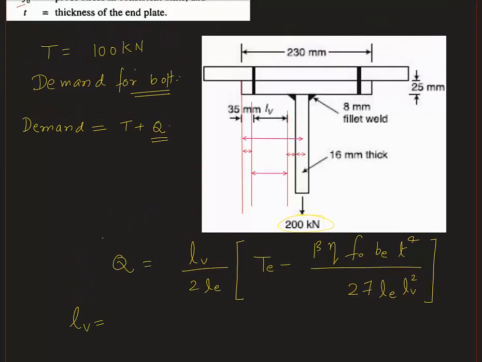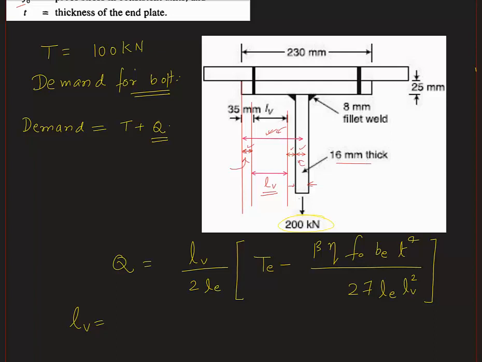So basically L_v is this distance. So this L_v is equal to this distance minus this distance minus this distance and minus this distance. And this distance is nothing but 230 divided by 2. So this distance, if you see, is 230 divided by 2, and this is 35 mm. And this distance is known, that is this distance divided by 2. So we have been given the dimension of this rod, and that is 16 mm thick.